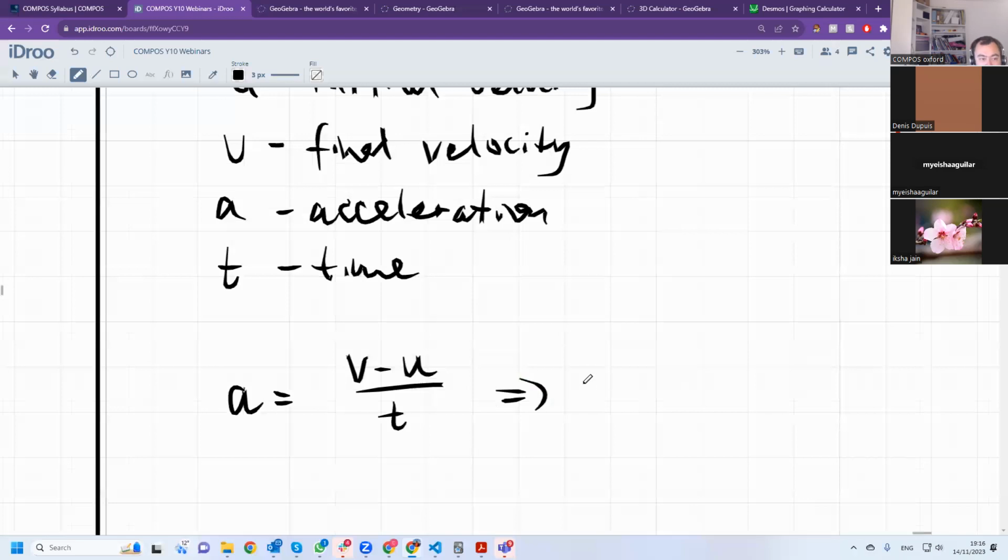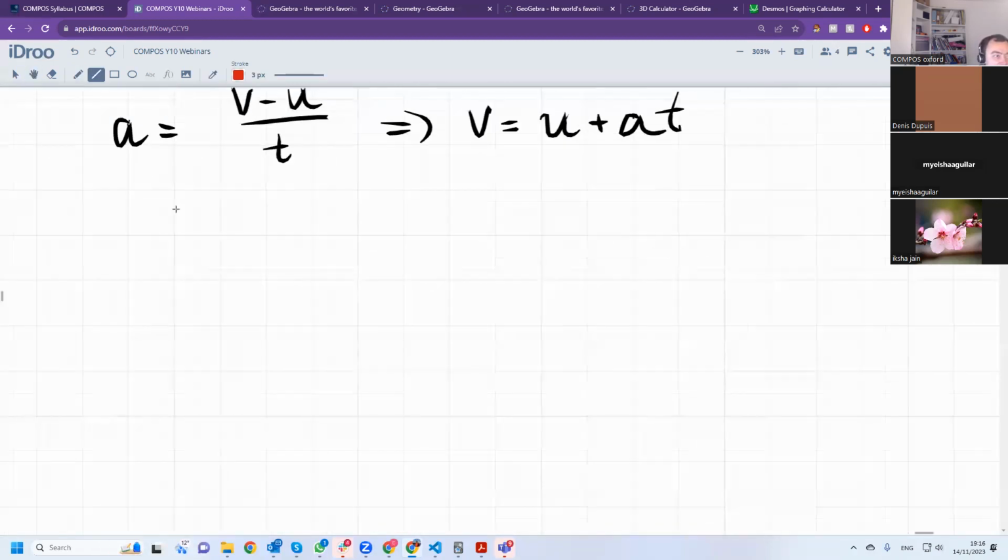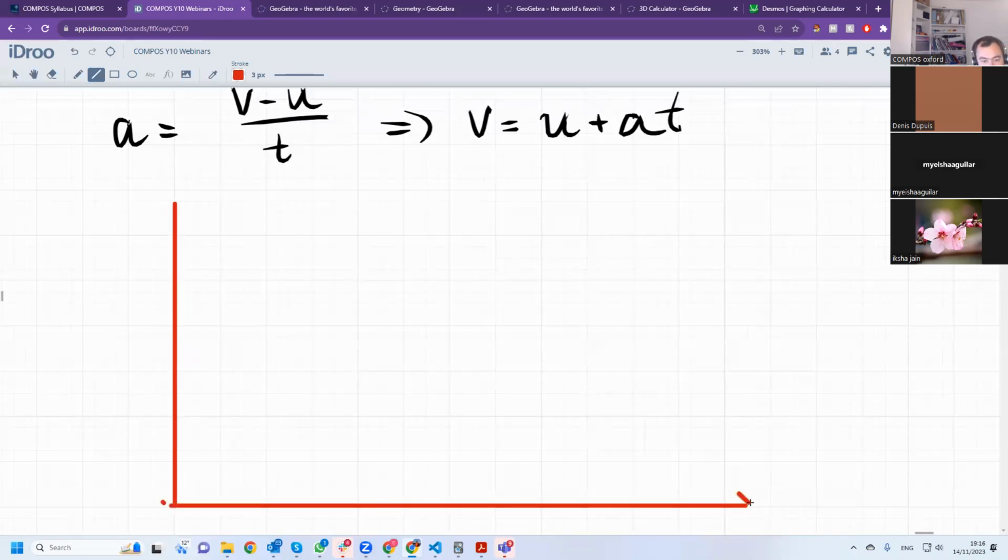So we can express this as v equals u plus at. We've already done this. And let's draw a graph. So this is v and this is time, velocity versus time.